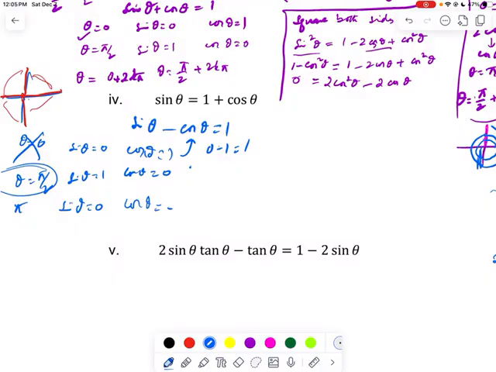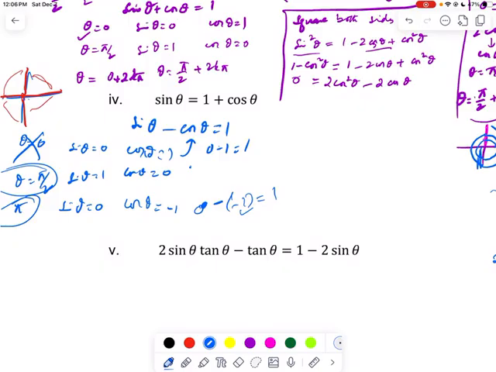So I will get 0 minus 0 minus negative 1 equal to 1, which is true, because negative times negative is positive. So we get 0 plus 1 is equal to 1, which is true. So it means pi is going to be another solution.